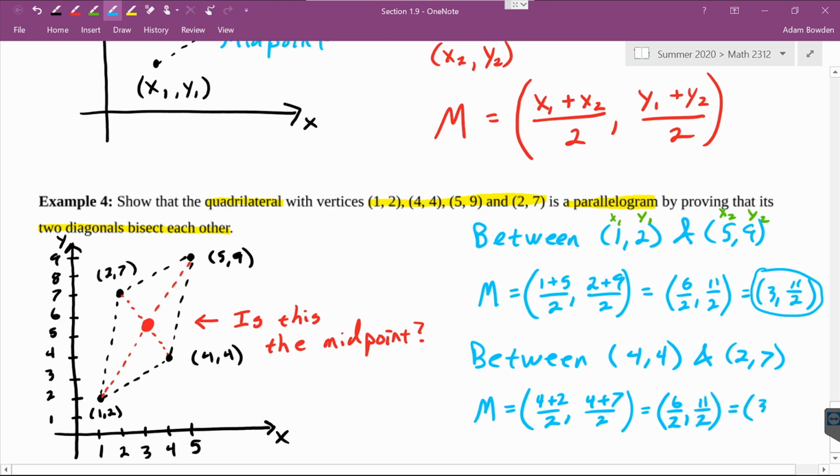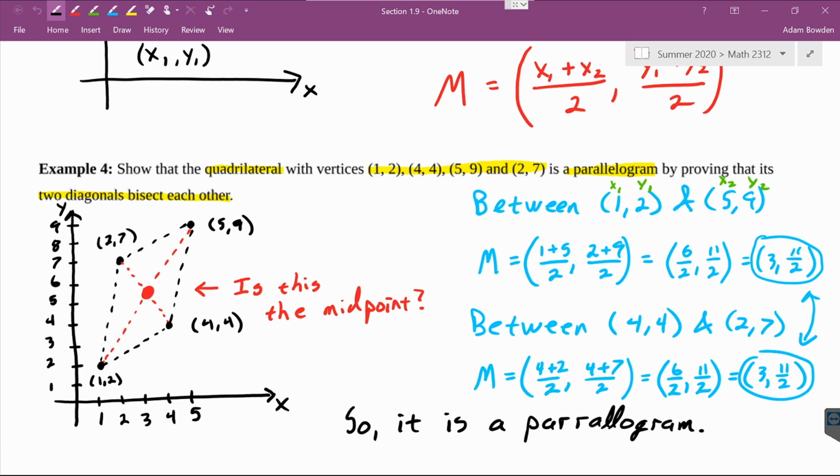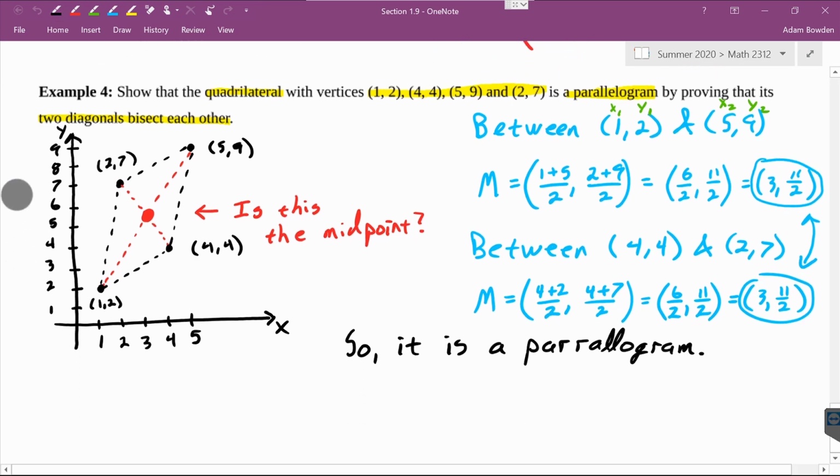And so indeed, we'll just have 3, 11 over 2. So we see we get the same midpoint between those opposing coordinates. And so indeed, it does show to us that this is a parallelogram. As long as both meet at the same point in the middle, they do what they say up here is bisecting each other, and so it works out the way that we would expect.